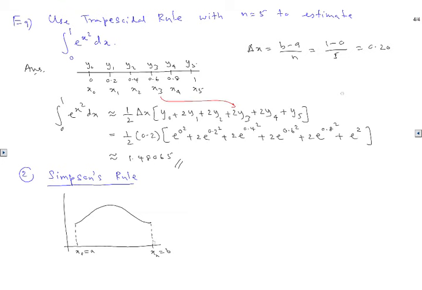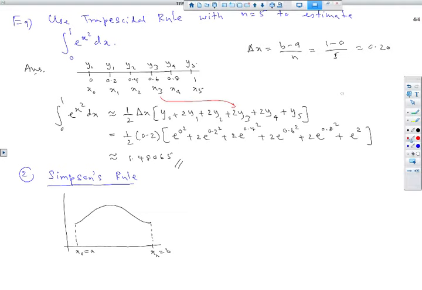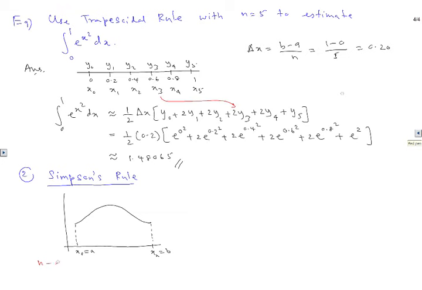This time we divide into an even number of subintervals. So n is even. That's the first condition.